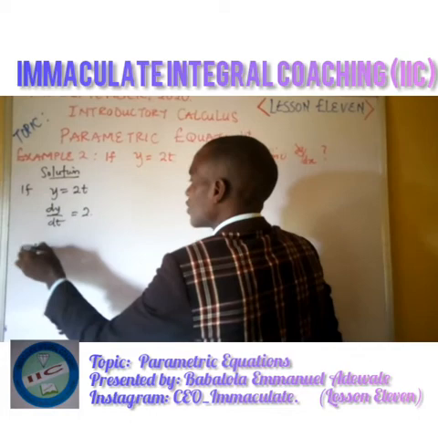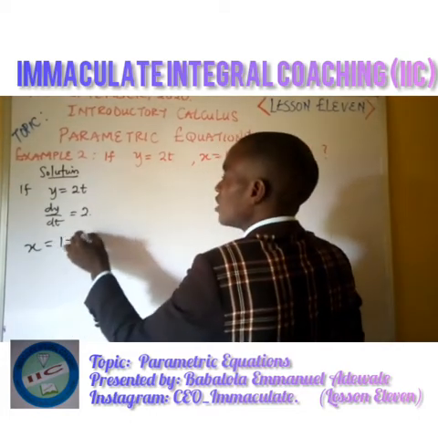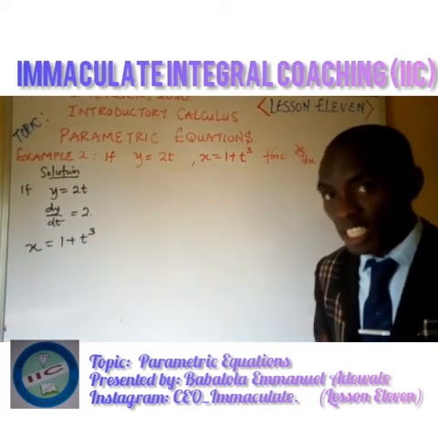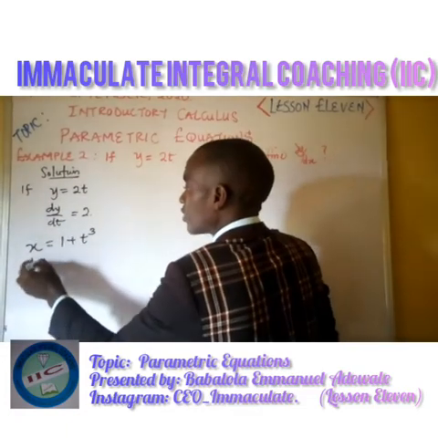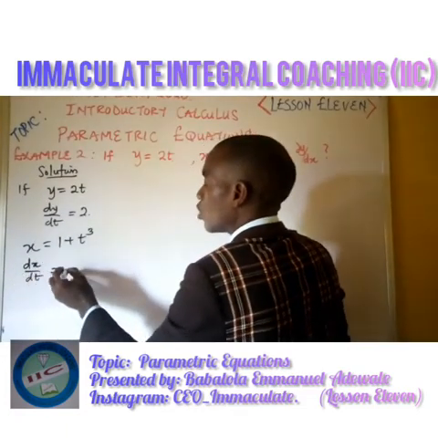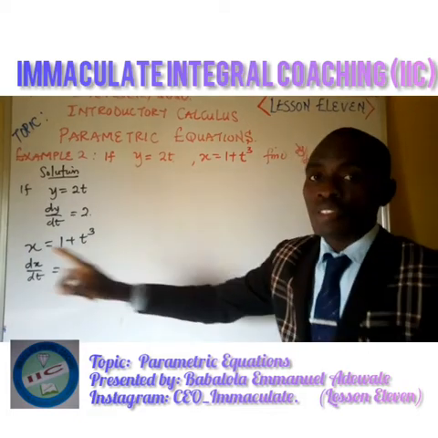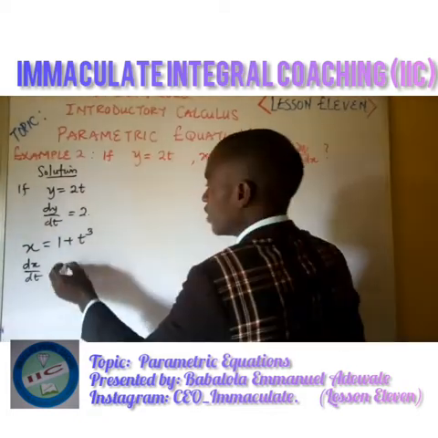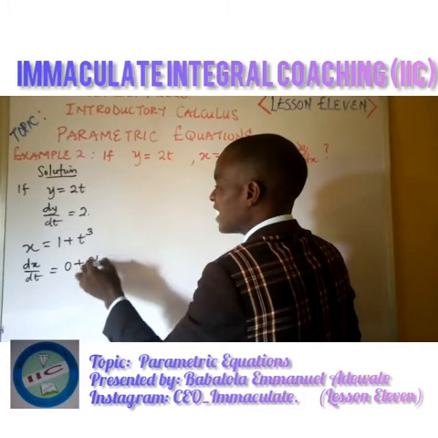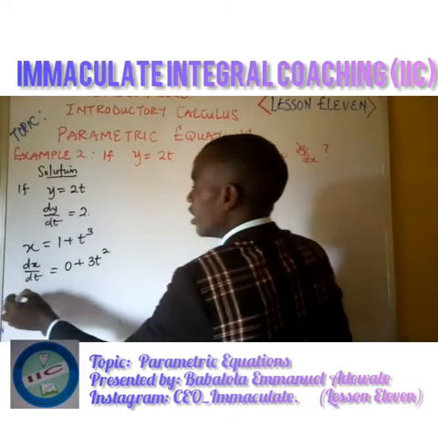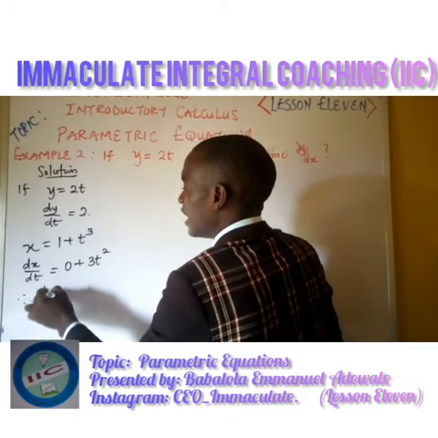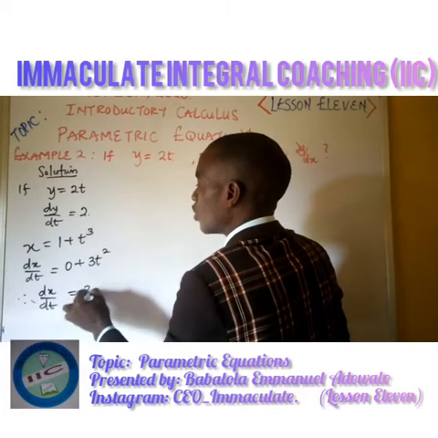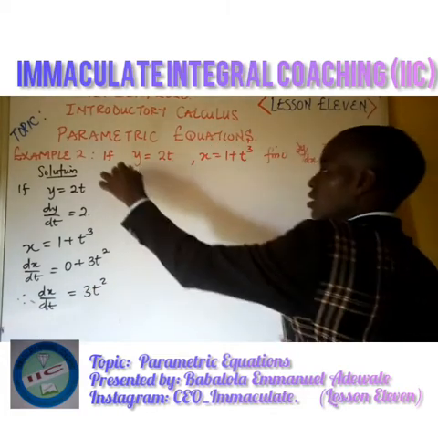So if x equals 1 plus t raised to power 3, that's t cubed, dx/dt equals, if you differentiate a constant, it will surely give 0, plus 3t squared. Therefore, dx/dt equals 3t squared.